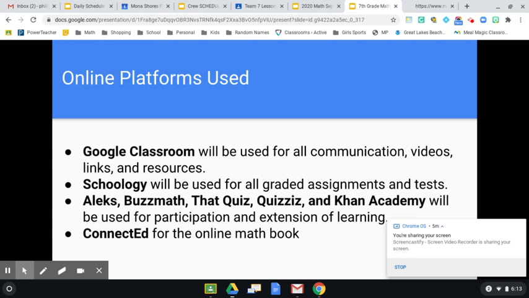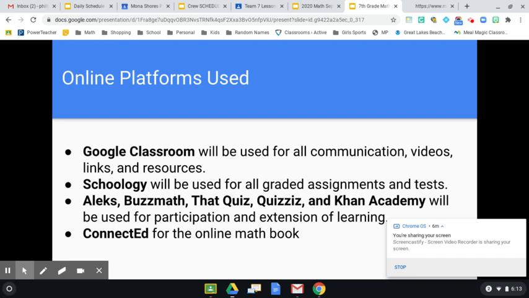So we plan on using the following. Google Classroom for sure. We will have a seventh grade Google Classroom. In fact, you were invited via email on the date of the open house. And so you should be ready to go with that today for sure. And that's how you're getting all of your communication, the videos, the teaching, the content, links and resources.